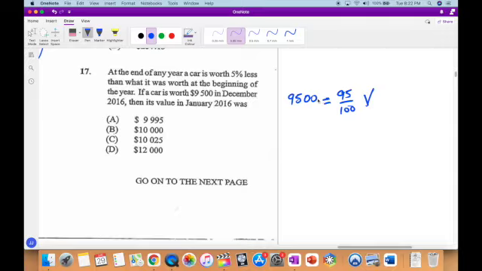So what it was worth will end up being this 9,500 multiplied by 100 over 95. So that'll give us about $10,000.